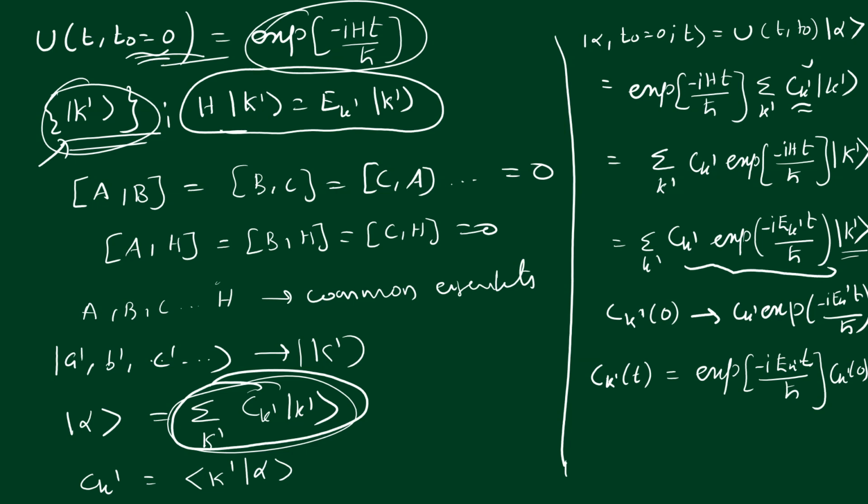In other words, we are talking about an observable that is constant in time. We also saw that if an observable commutes with the Hamiltonian, then this observable is also a constant of motion.